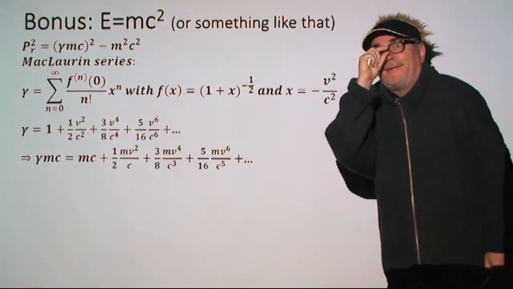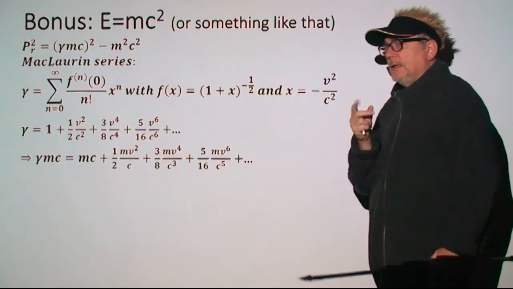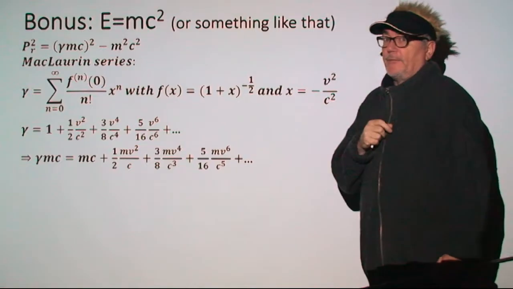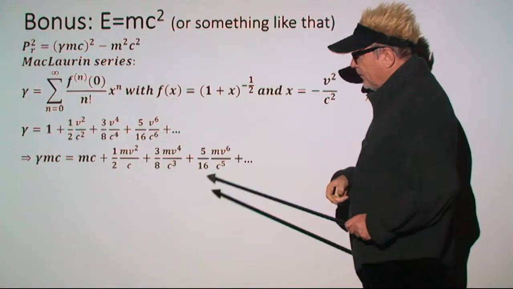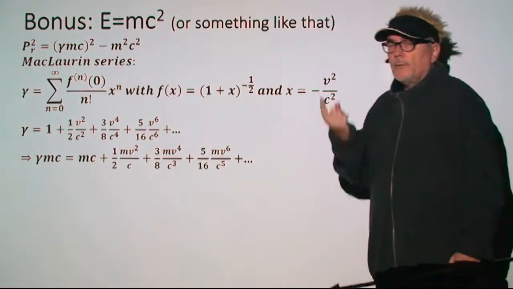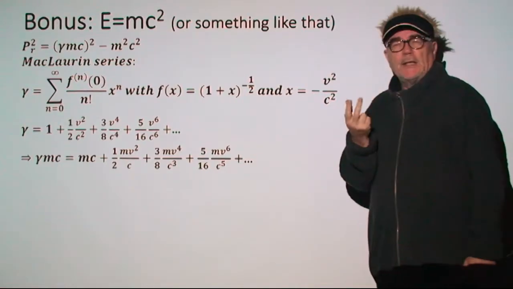They're so small, you can neglect them. Well, you could if you're not very precise, which was the case before special relativity. And he said, well, that's interesting, because 1/2 of mv squared before special relativity was equal to the kinetic energy.